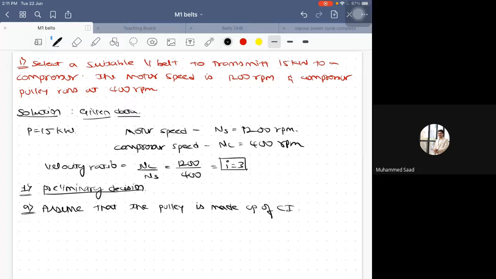is the step where you calculate the service factor. So on what are you going to calculate the service factor?